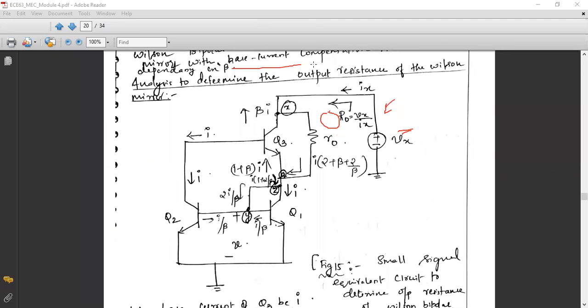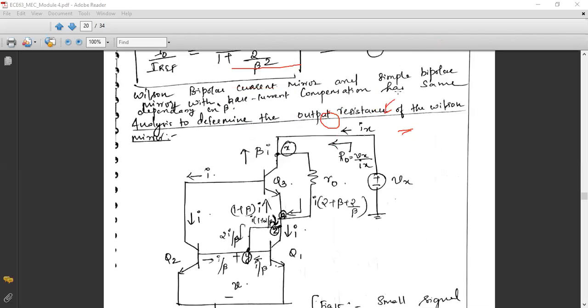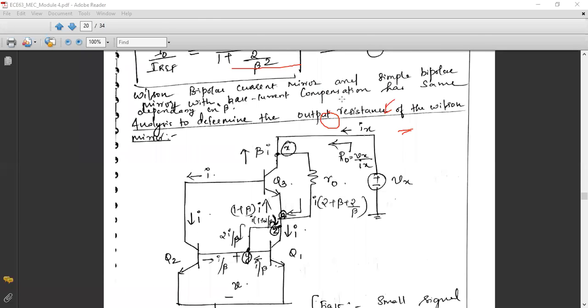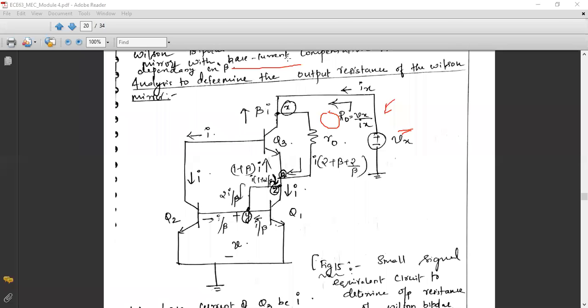See, we are going to determine the output resistance of a Wilson mirror. You know what is current mirror? Current mirror means I naught by I ref ratio is 1:1, and we have already derived the expression for I naught by I ref, and we have observed that due to the high value of beta, this I naught by I ref will maintain a 1:1 ratio. Now we are going to find the output resistance of this mirror circuit.